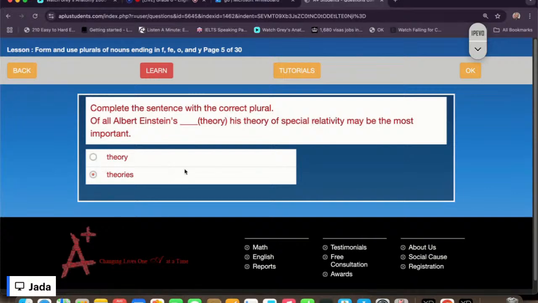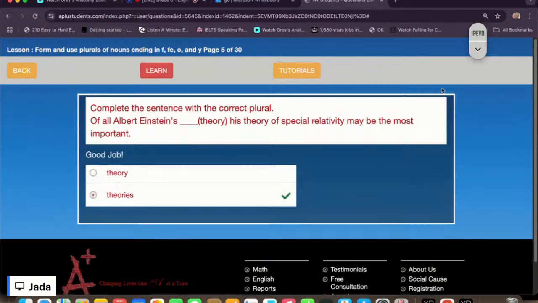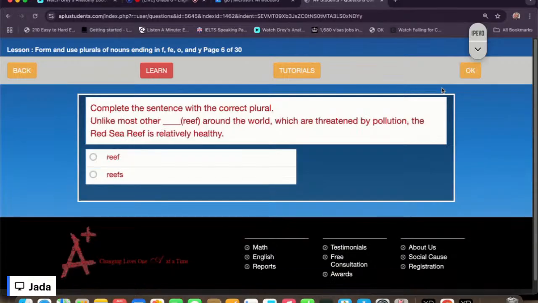So we have theories, the second. Unlike most other reefs around the world which are threatened by pollution, the Red Sea reef is relatively healthy. First or second?